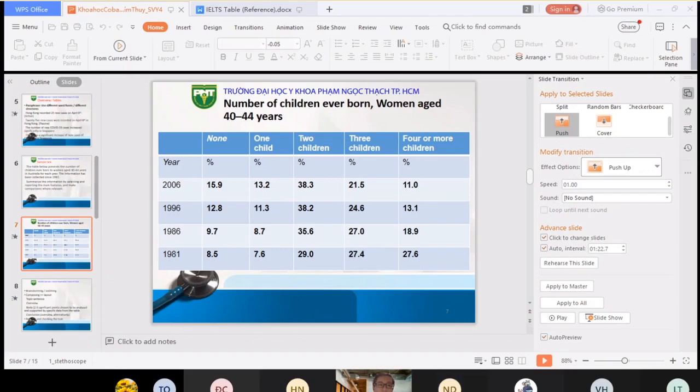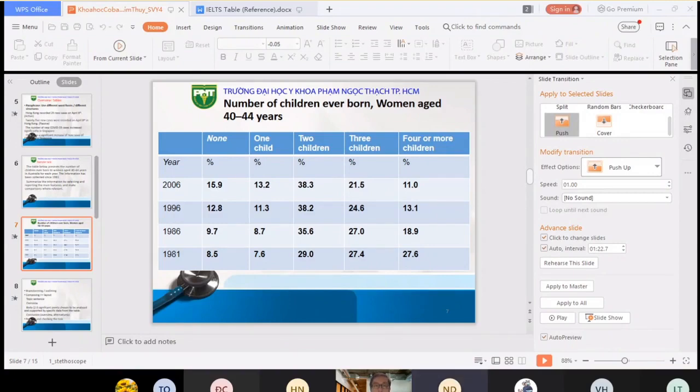None means this is the percentage of women aged 40 to 44 years of age who didn't have any children, who didn't give birth to any children at this age. Okay, and next column. The next column is one child. One child. Next, 2 children, 3 children, and the last one is 4 or more children.